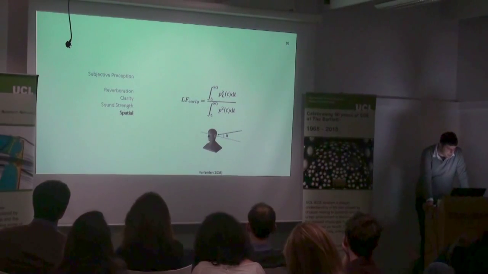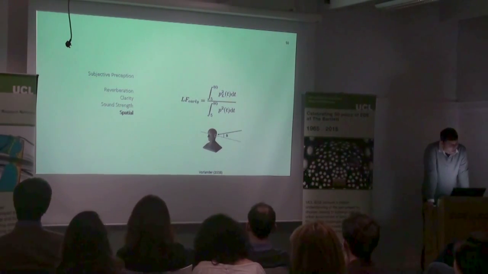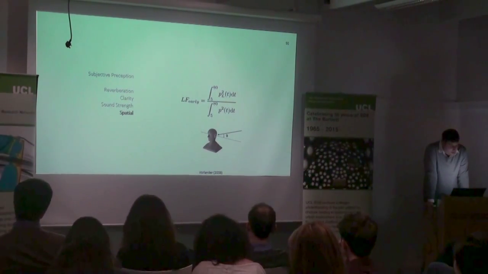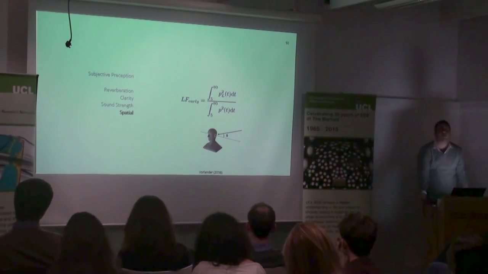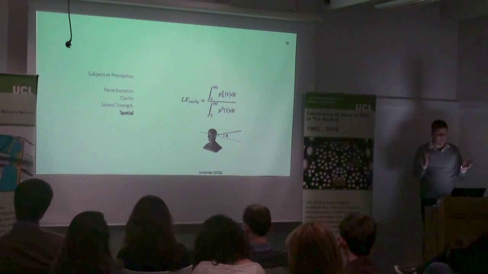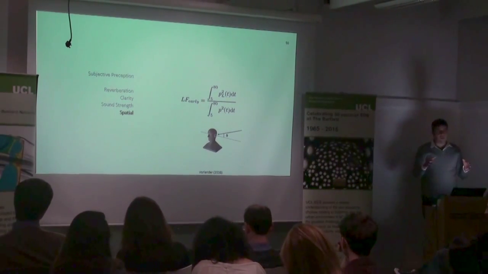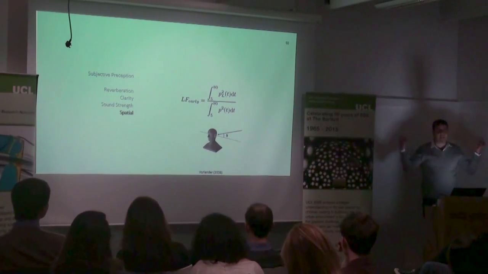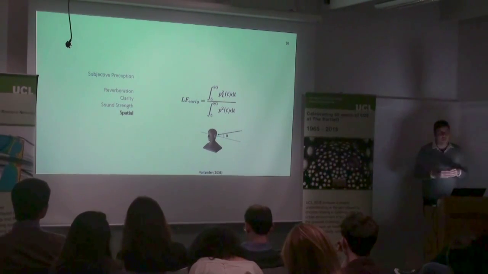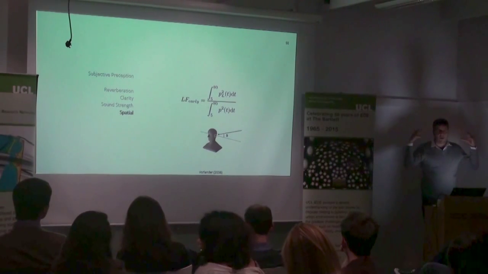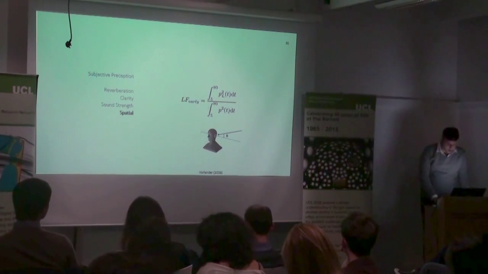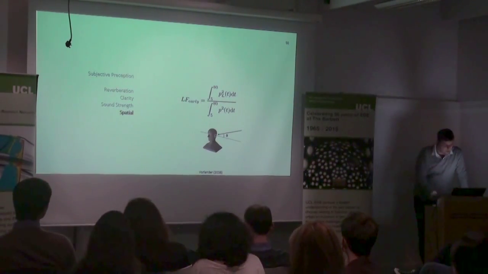And for spatial impression, we chose LF early, which is the ratio of the total sound energy compared to the lateral sound energy, confined to the 80 milliseconds. So you measure this with a figure 8 microphone that measures the sound coming from the sides, and then compare it to sound in all directions.